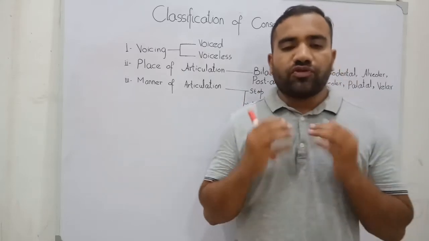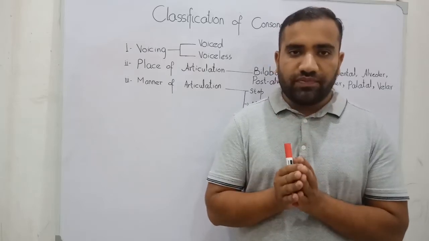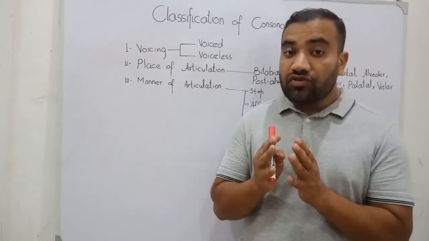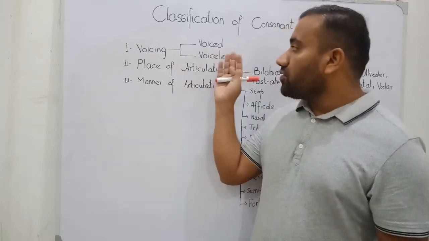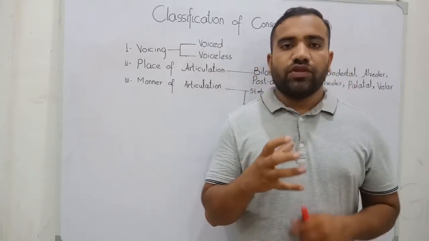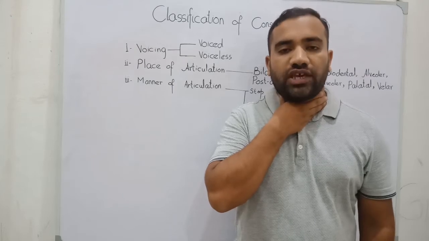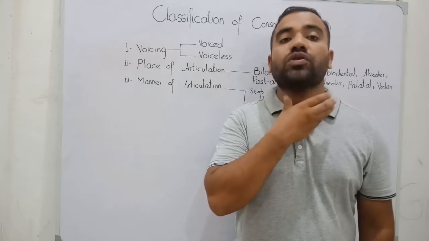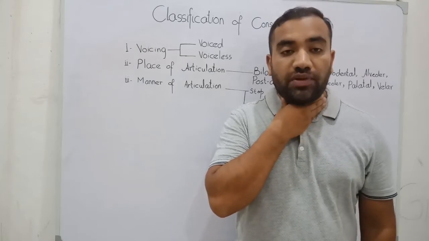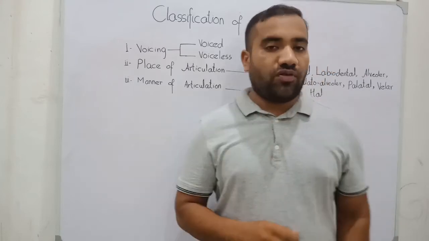When you produce a sound, if it is a voiced sound, this consonant will be called a voiced consonant. What is voiced? When you produce the sound, you feel the vibration here in your glottis. If your glottis is vibrated, you can say this is a voiced sound.